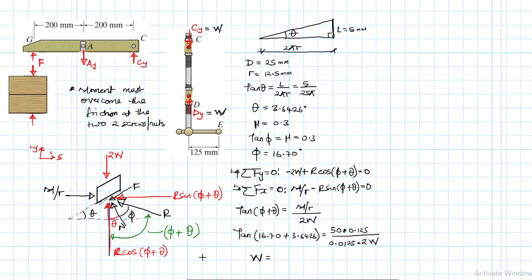We have 50 times 0.125 divided by 0.0125 times 2, which gives 250, divided by tan of 16.70 plus 3.6426.